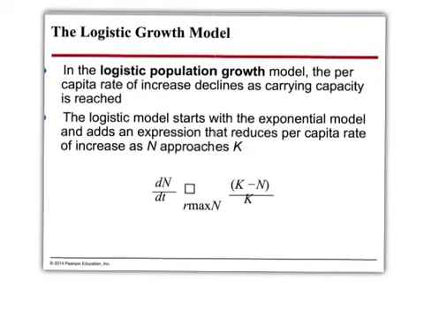So the logistic model starts with the exponential model, where the rate is at its maximum, and adds an expression that reduces the per capita rate of increase as N approaches K. As you get closer to the carrying capacity, the rate of increase has to stop. There's not enough resources available to continue it.